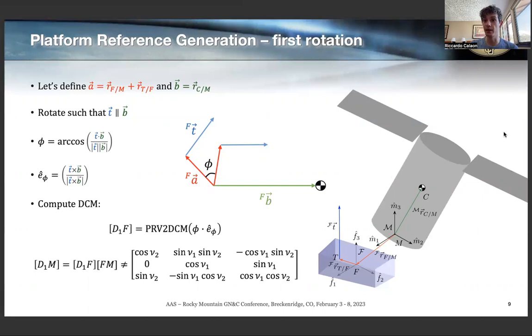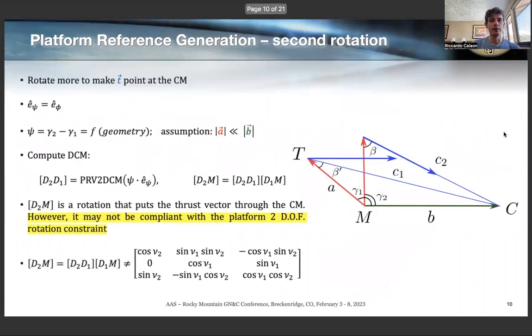The second rotation consists in performing an additional rotation to make it such that the thruster is aligned with the center of mass. This is only necessary when vector A is non-zero, so the thruster is fired through a different point with respect to the origin of the mount frame, whereas when vector A collapses to 0, the second rotation is not needed, and this second DCM becomes the identity matrix.